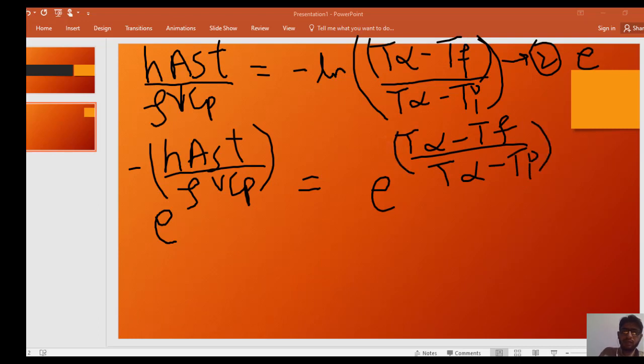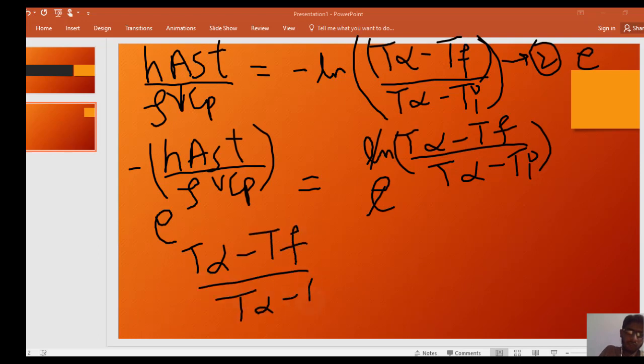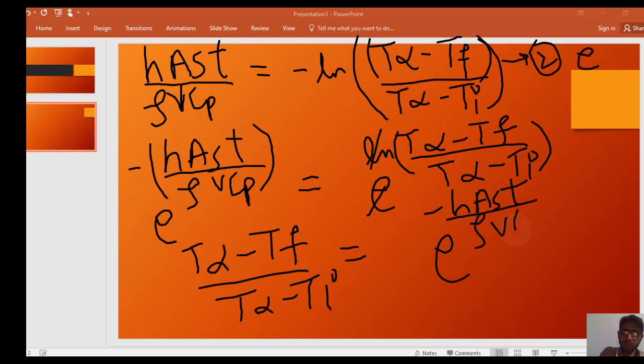In this case this is the ln, and the e cancels with it, so we will get T infinity minus Tf divided by T infinity minus Ti equal to e to the power minus hAs times the time for the heat transfer, divided by the density, volume and heat capacity of the material.